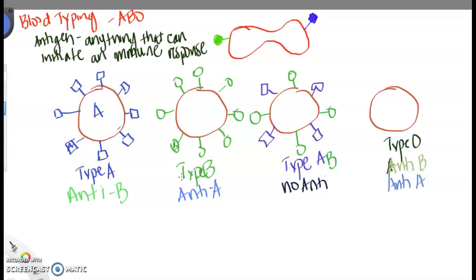So there is another marker that some people do have as well, and we call that the RH factor.